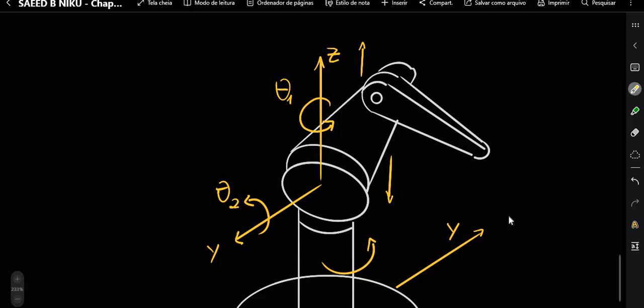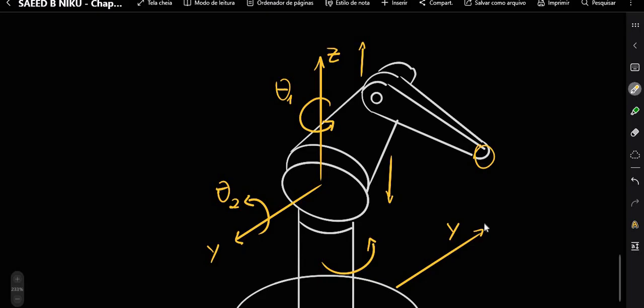And at the end of the second link, we got right here. We are not drawing a tool as the end effector, but we know that it is the end effector because intuitively it makes sense that we attach a tool on the end of the arm of the robot.